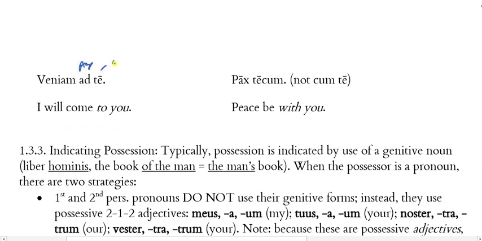Preposition, te, usually comes after, right? Object of the preposition. But look at this example. Pax te cum. I would have expected, as an English speaker, to hear peace be with you as pax cum te, peace with you. But notice that in Latin, the object of the preposition is first, and cum is attached to it as a kind of suffix. So pax te cum is peace with you, peace be with you. All right, so watch out for that with the preposition cum.